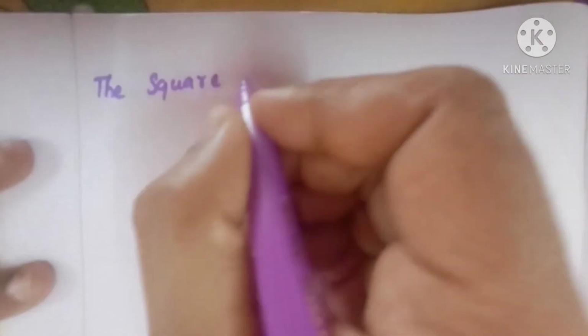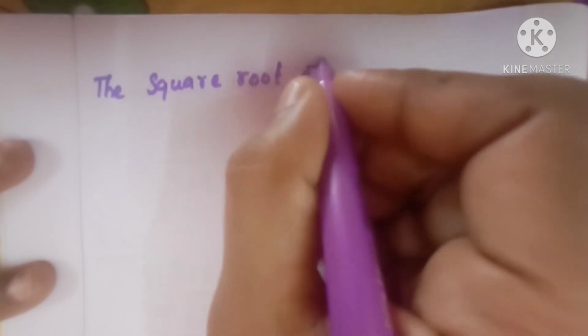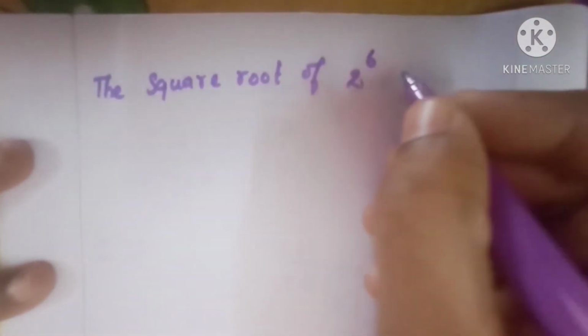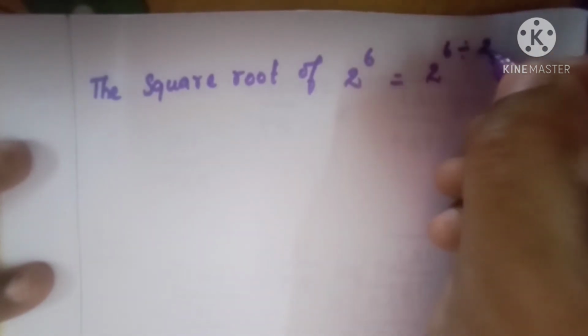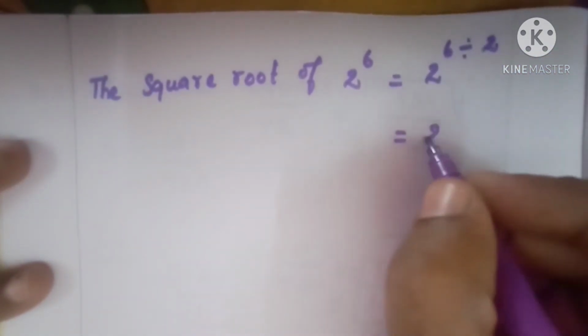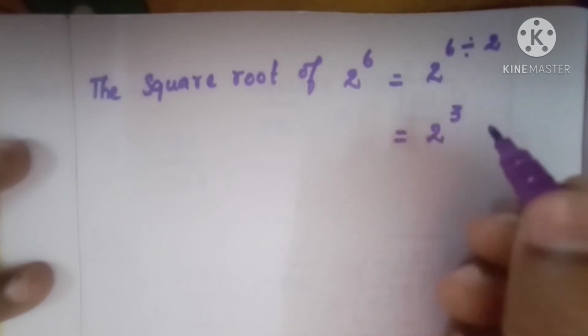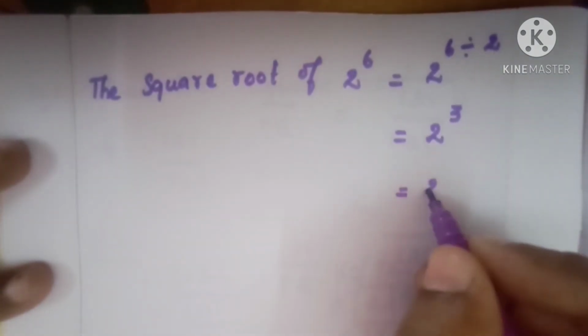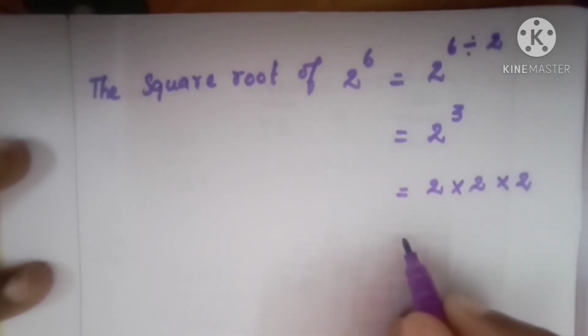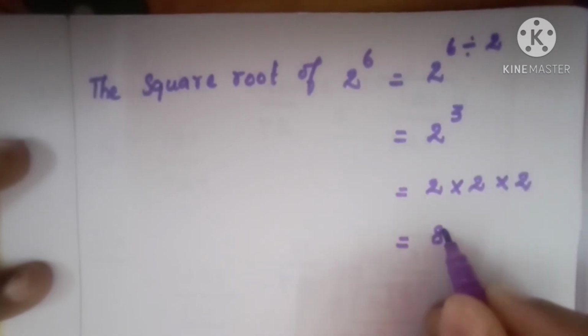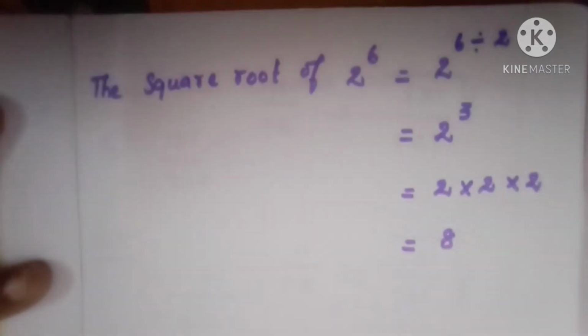So the square root of 2 power 6 is equal to 2 power 6 divided by 2. So we get 2 power 3. 2 power 3 is nothing but 2 into 2 into 2. We get 2 2s are 4, 4 2s are 8.